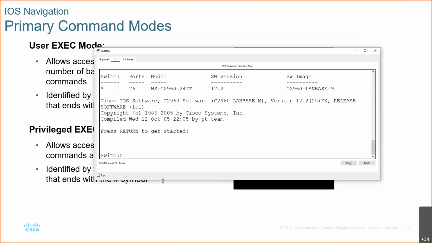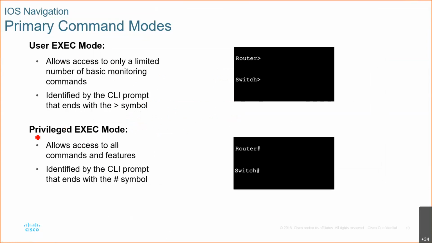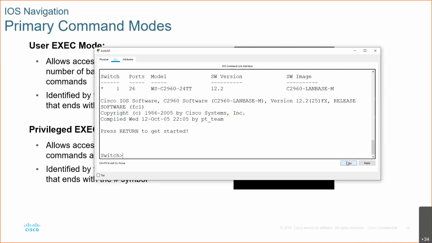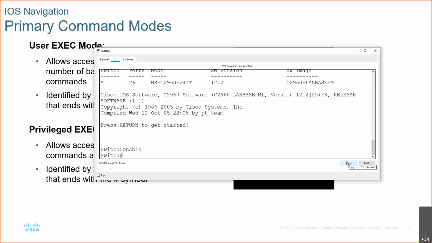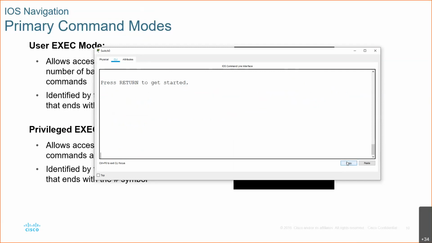In order to go to privilege exec mode, which is the name of your switch or router and then a hash, you have to type enable. You see, now I'm in the privilege mode. If I want to get out of the privilege mode, I type exit. There, I come out.